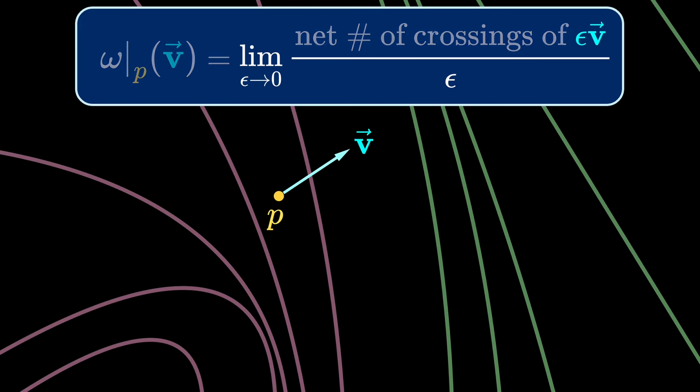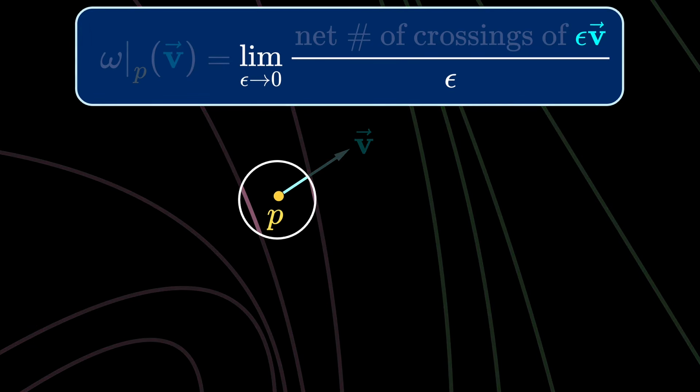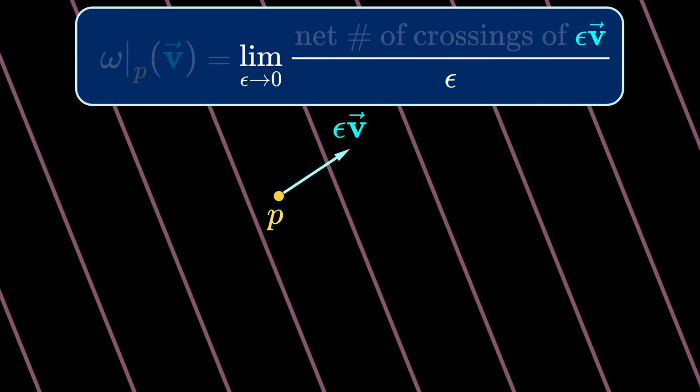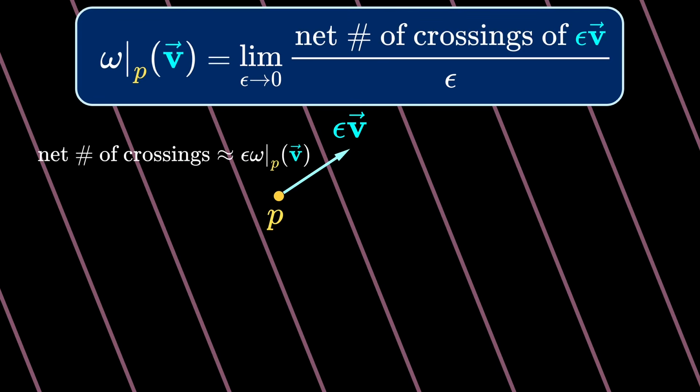Now, taking the epsilon limit means that we only need to care about a small vicinity around the point P, because if we zoom in close enough, the picture looks nicer with lines separated at roughly regular intervals. The number of lines this epsilon v vector crosses is roughly epsilon times omega at p acting on v by definition of the limit.